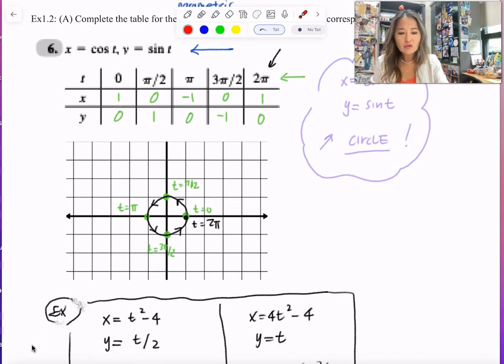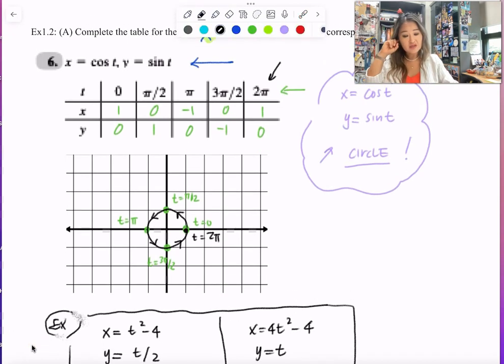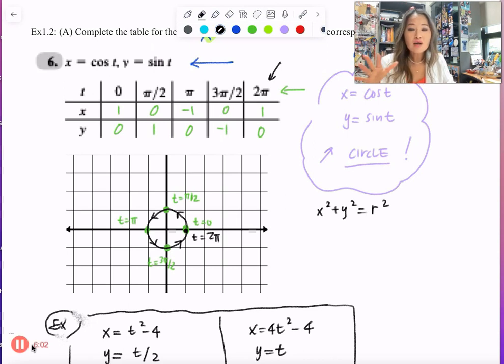Let's first start with something like this. I think everyone in here knows that if a circle is centered at the origin, 0, 0, with a radius of whatever r, then the equation of this particular circle is this standard form, right?